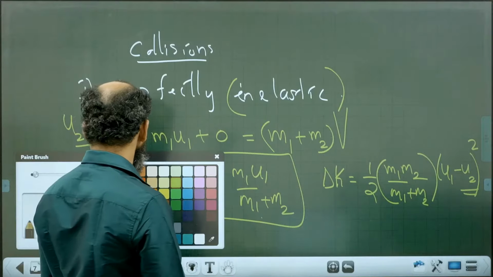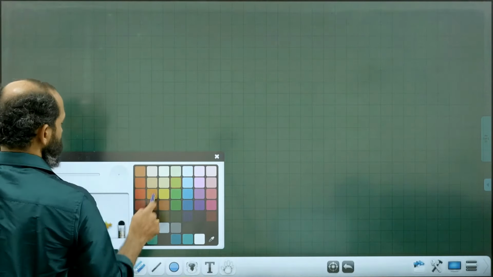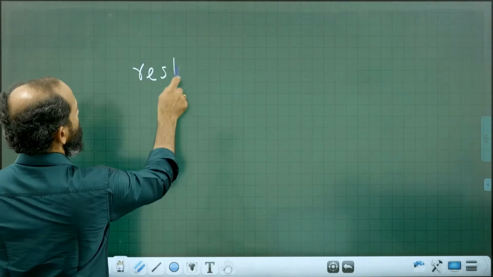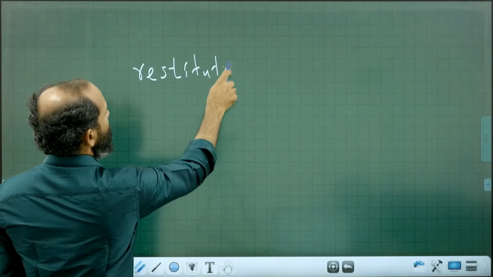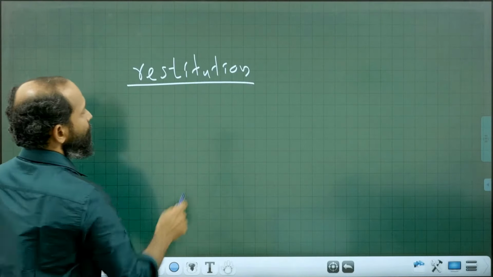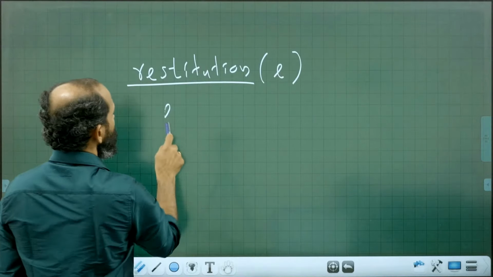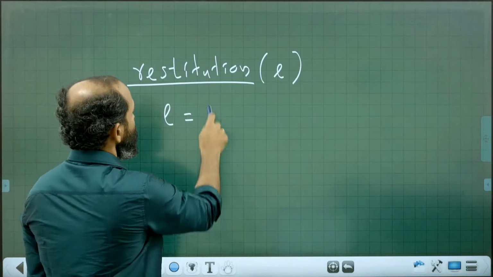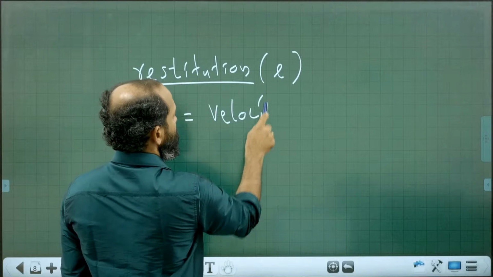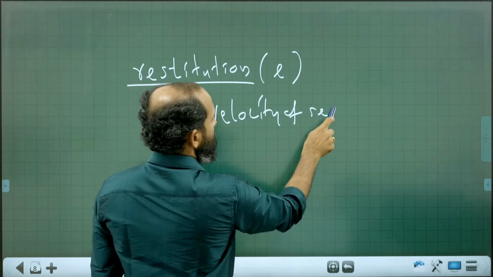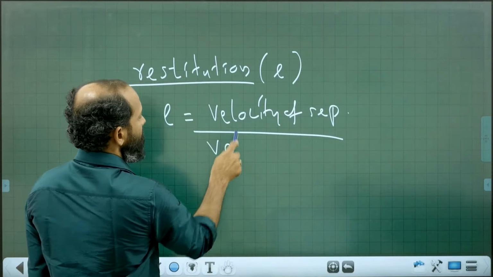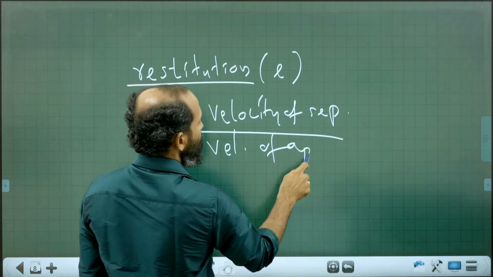Now, the coefficient of restitution. Let us use E for it. It is defined as the velocity of separation divided by the velocity of approach.